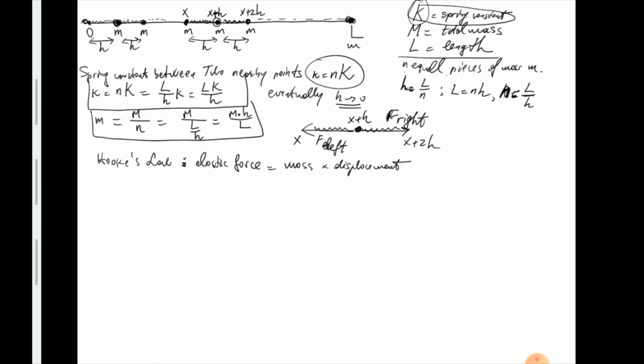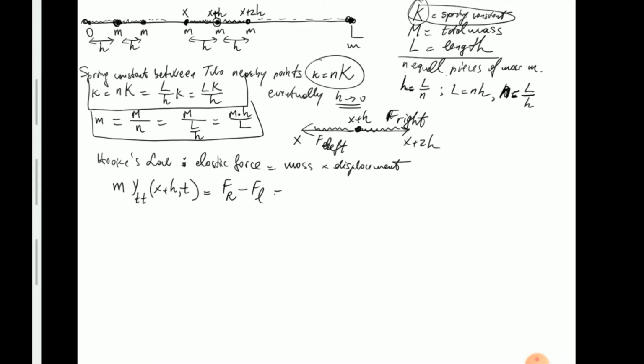On the left, I'm going to write the mass times the acceleration, which is the second derivative with respect to t at the point x plus h and time t. So the double derivative with respect to t is the acceleration. And on the right hand side is the force acting on the right side of the object minus the force that acts on the left side.